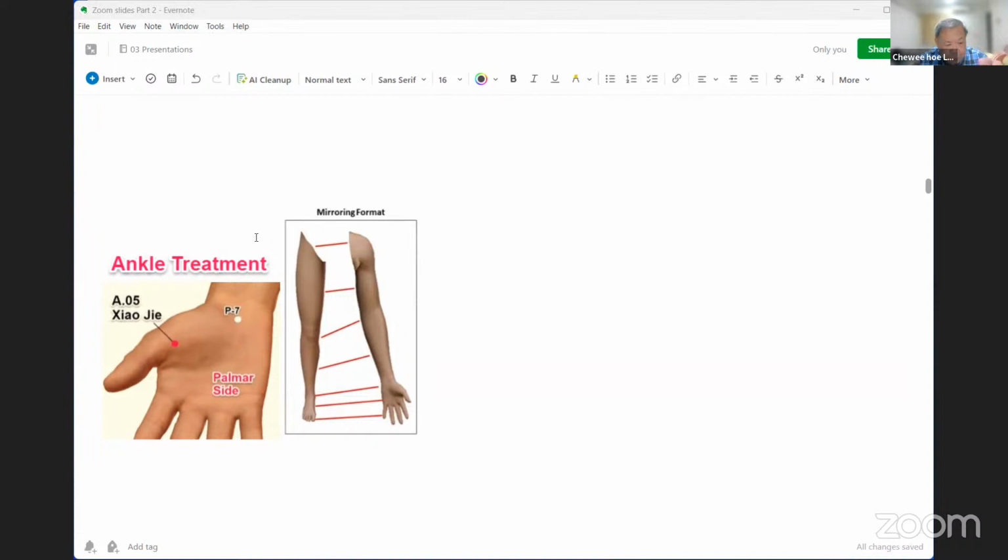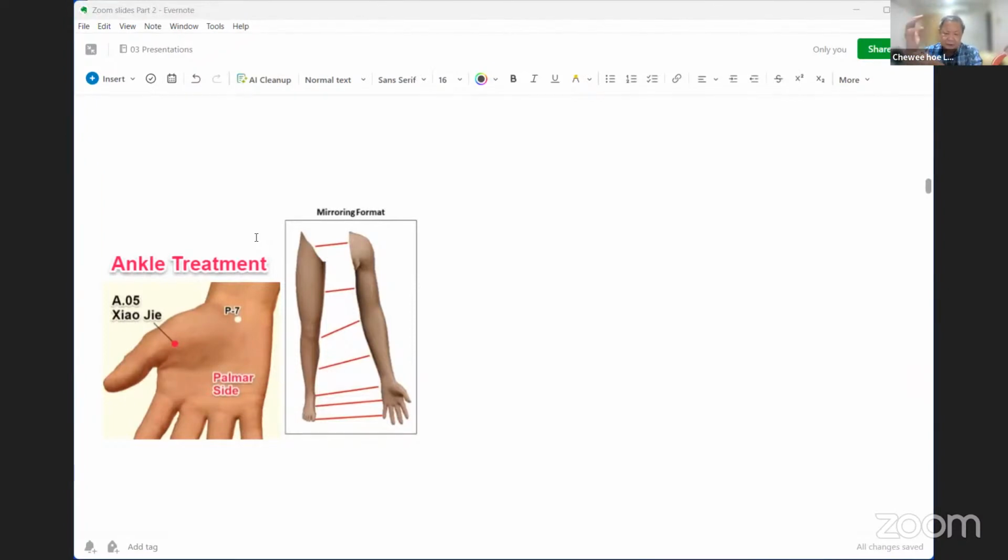Now, what I want to explain is, can you see the mirror format? Where is the ankle and where is the hand? The ankle is at the wrist. This is the mirroring. Just now at the knee, the elbow is the knee. Now the ankle is the wrist area.